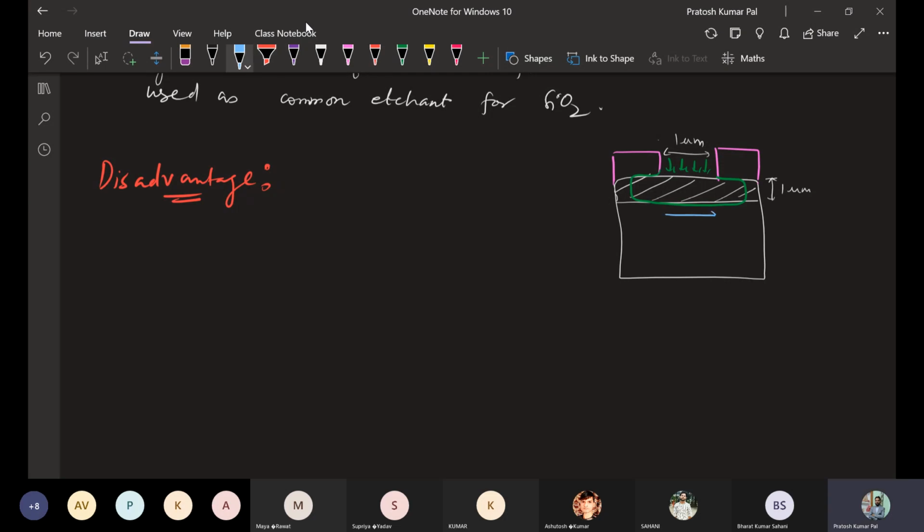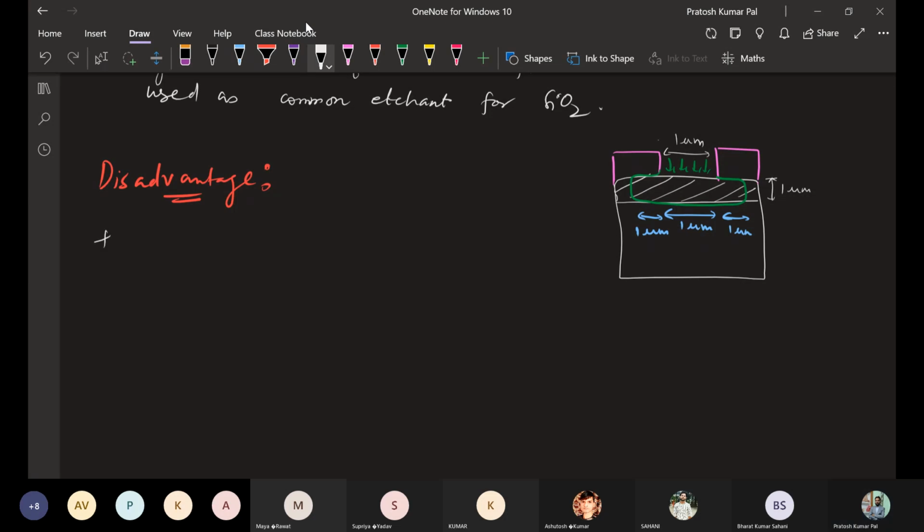Here this distance will also be 1 micrometer, and here this distance will also be 1 micrometer. So instead of only 1 micrometer etching, it has etched a total of 3 micrometer. So this is one of the disadvantages of this chemical type of etching.